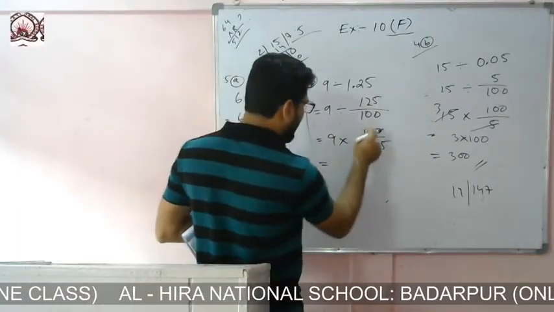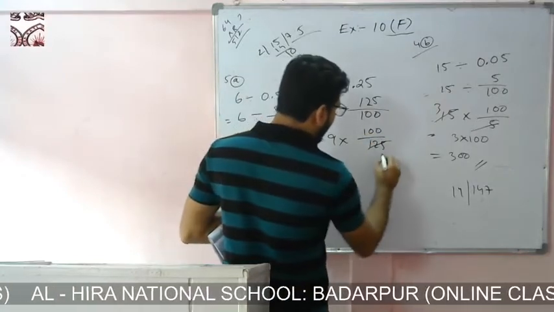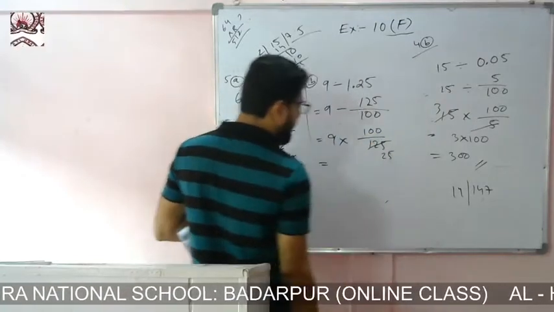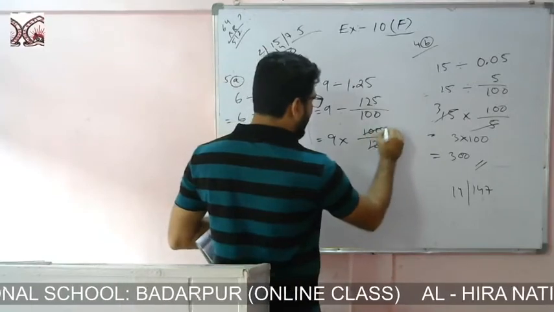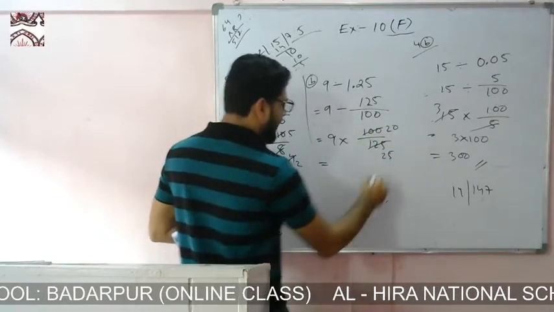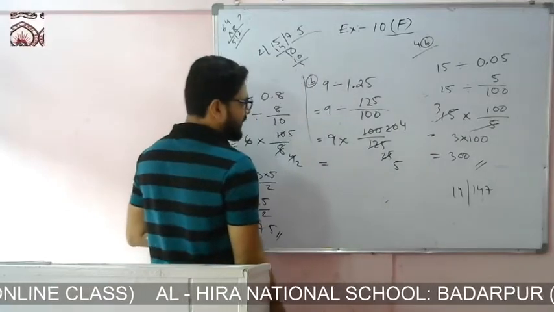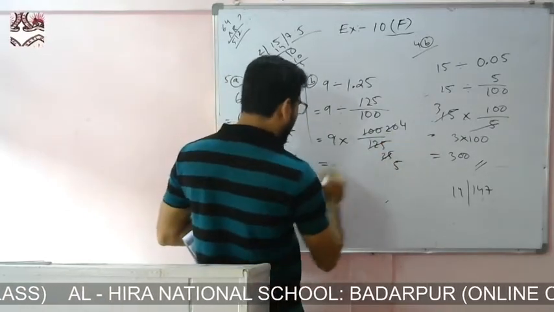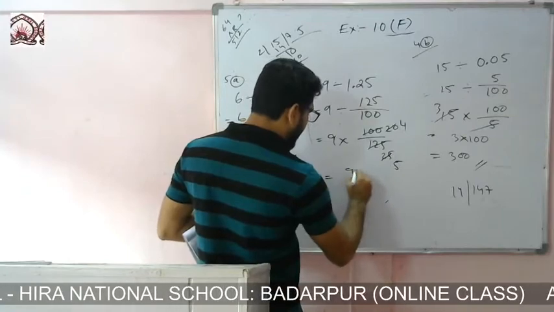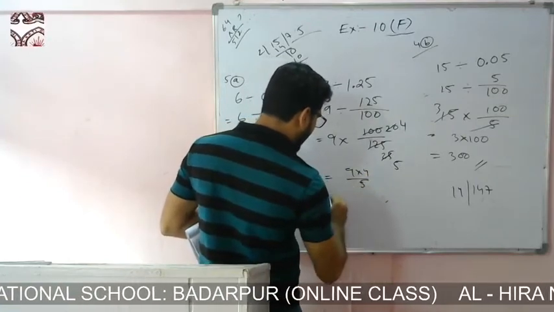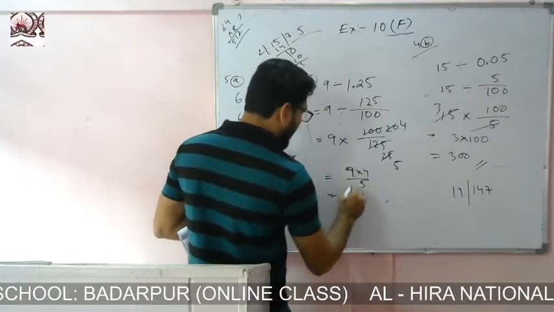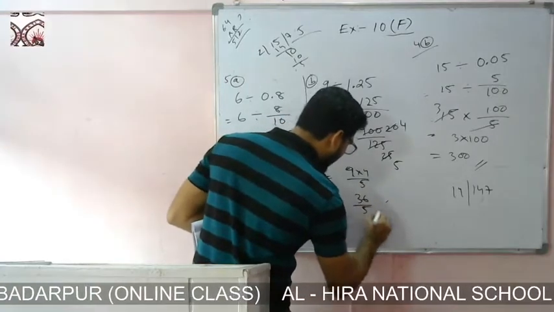You cancel this one with 5. 5 25s are 125, and 5 20s are 100. Now you can cancel 5 5s are 25, 5 4s are 20. Okay. So 9 into 4 divided by 5. That means what? 36 divided by 5.